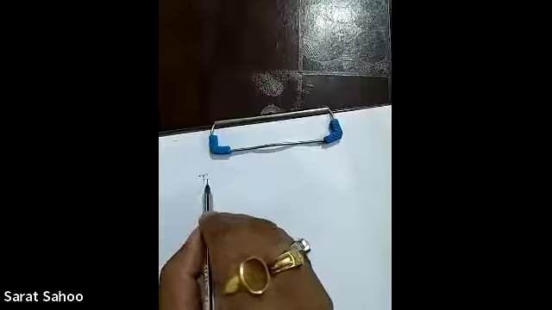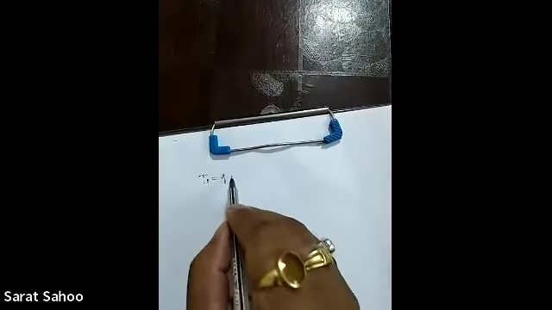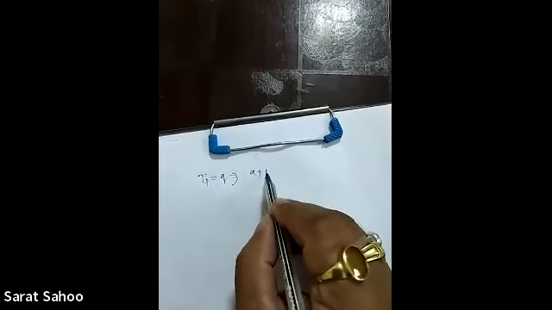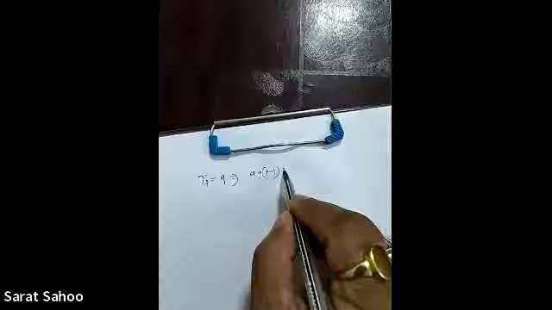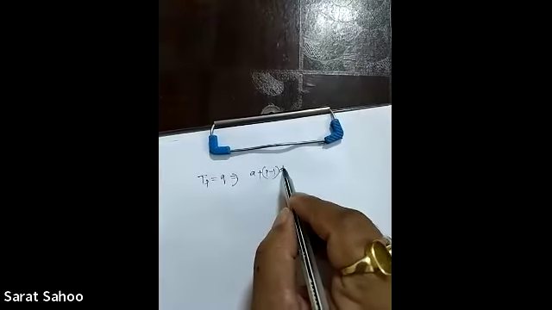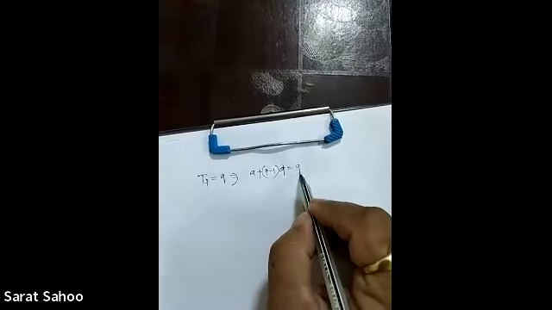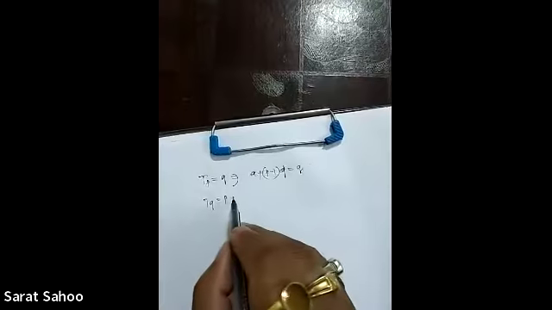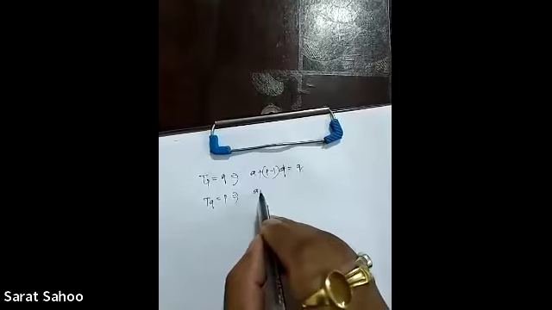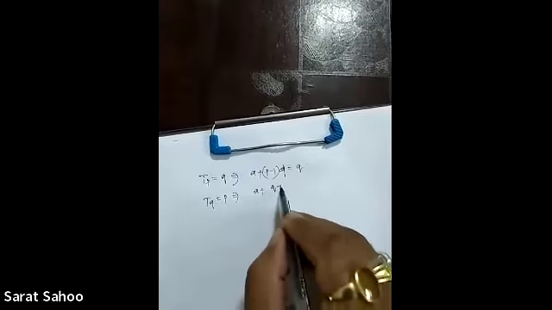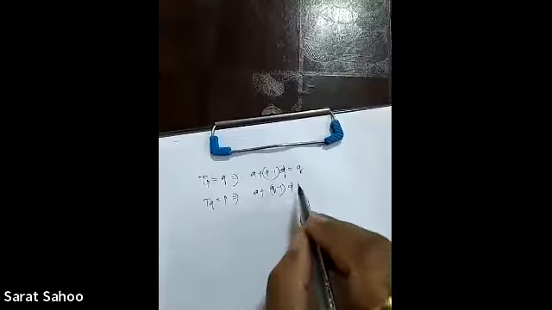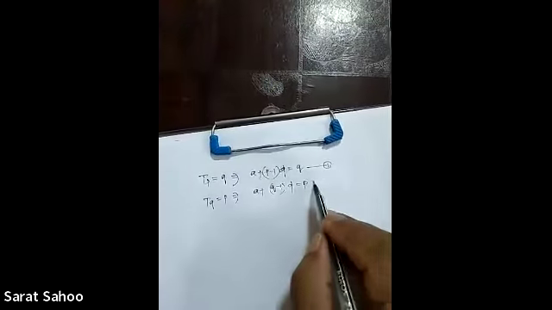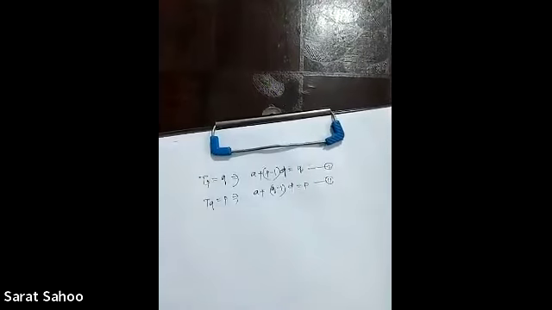So Tp is equal to Q implies A plus (P minus 1) into D is equal to Q. Tq is equal to P implies A plus (Q minus 1) into D is equal to P. This is equation 1 and this is equation 2.